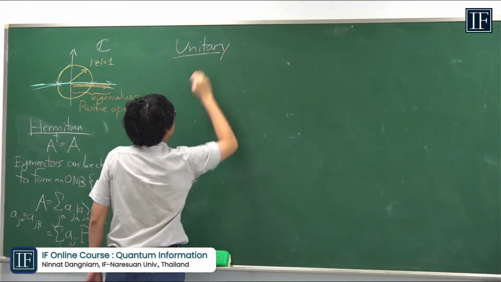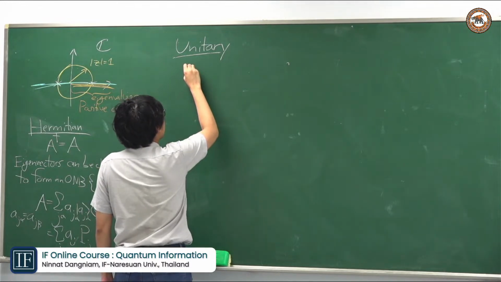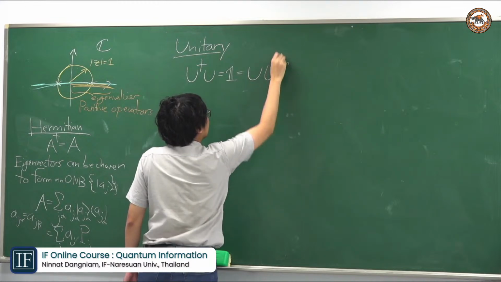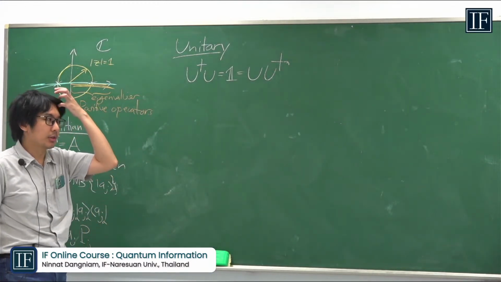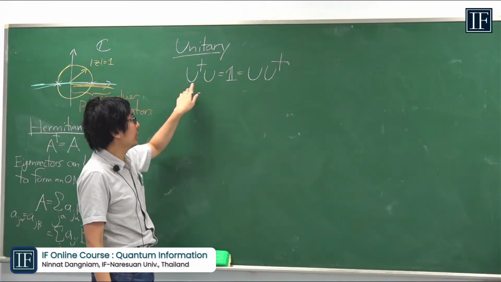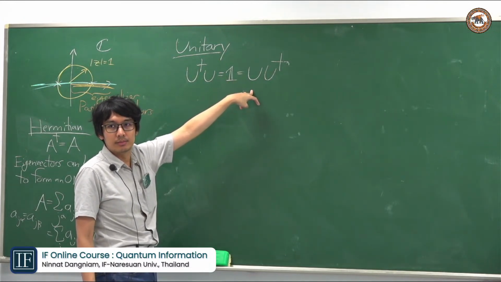And then for the unitary operator, we list some characterizations. So this is the definition. Right? And last time we also gave a short proof of why, in finite dimension, if this equality is true, then the other one is also true.